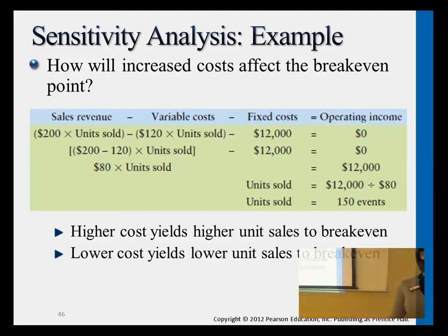So what this is practically showing you is that an increase in cost is going to raise the break-even point, okay? And a decrease in variable cost would have the opposite effect. So look at this.